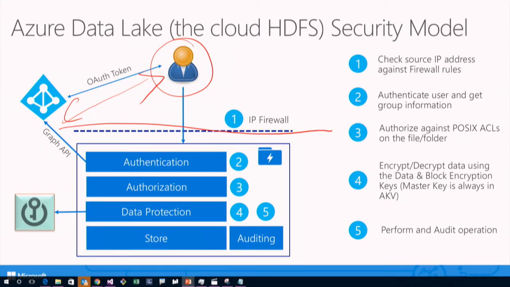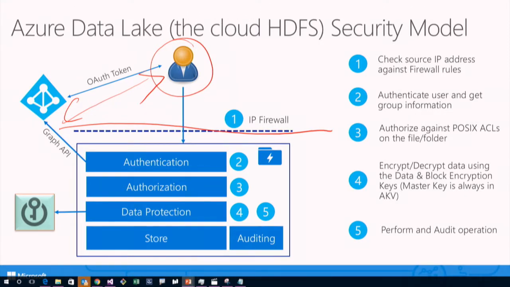Now, once you've been able to go ahead and do that, and mind you, this IP firewall is a way for you to restrict your data layer from having a public internet kind of access. Essentially, you're restricting everybody but a few people or a few service principals to come in and access this, right?